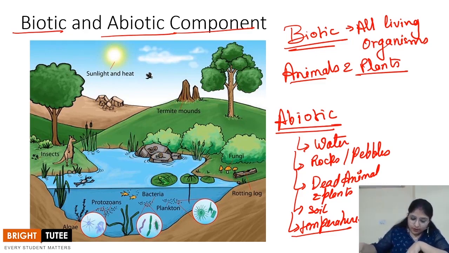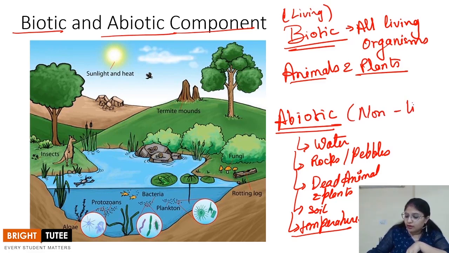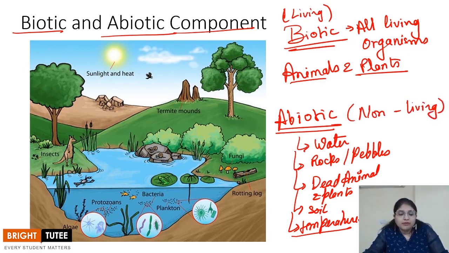In simple words, biotic are living, whereas abiotic are the non-living components. But if we say living and non-living, we should not think that the importance of any of these is less.